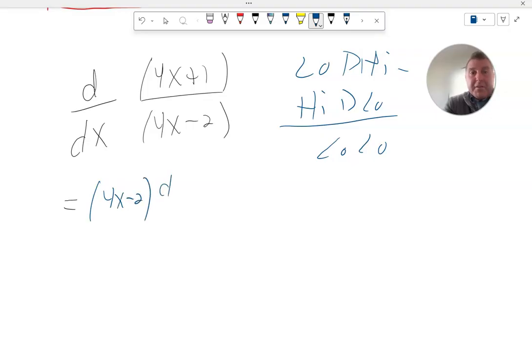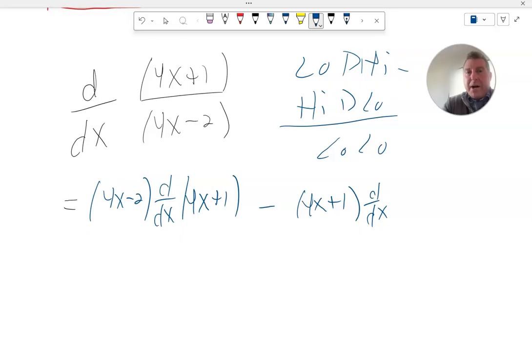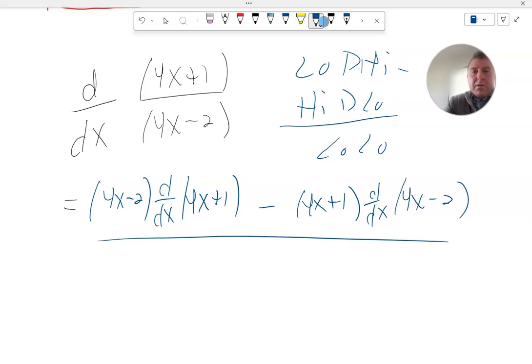D high, so it's a derivative of the top. And I'll just write that. I'm not going to derive yet, write my intentions. Minus high, just the numerator, parentheses. D low times the derivative of the bottom. All over low low, 4x minus 2 squared. Okay? So there's my quotient rule.